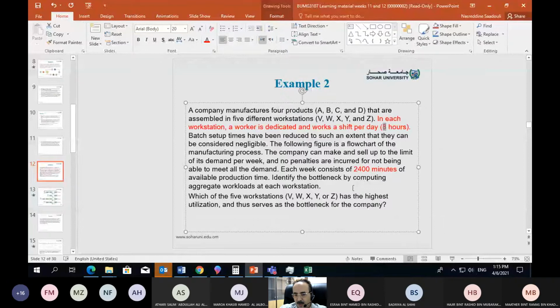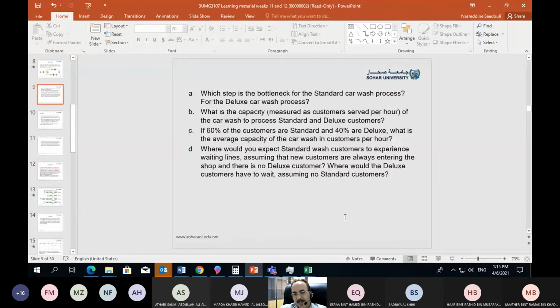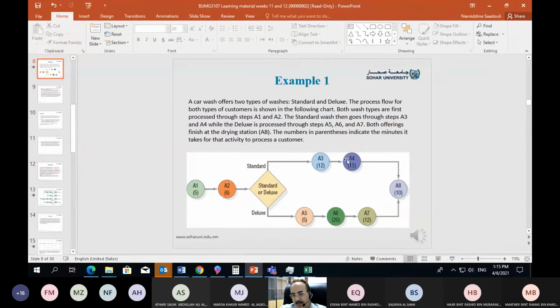The question says, identify the bottleneck by computing the aggregate workloads at each workstation. And this is where the example is different from the previous one, because we do not have sequential steps that are very clear and well ordered from beginning to end. Therefore, I cannot use the rule of the highest processing time as the bottleneck.